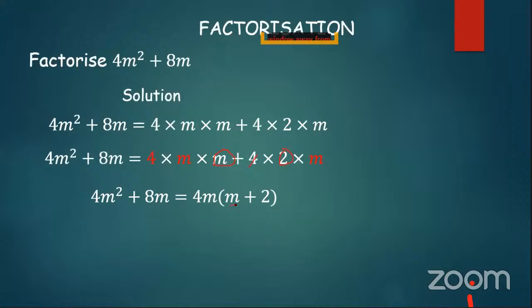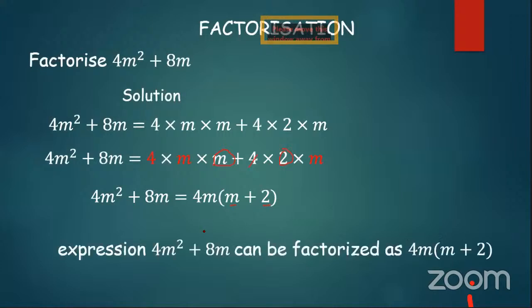So we write it as m plus 2. And then our answer will be that 4m squared plus 8m can be factorized as 4m into m plus 2. Okay, we continue.